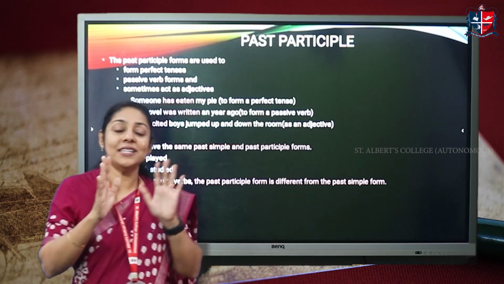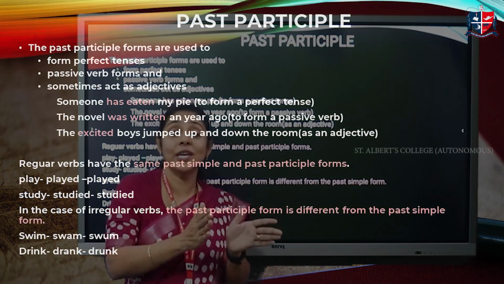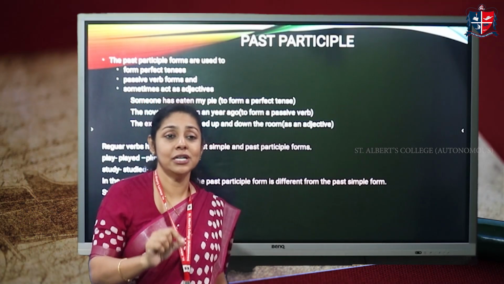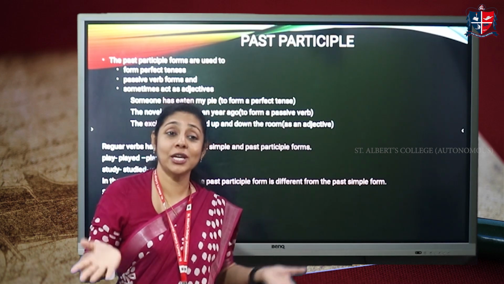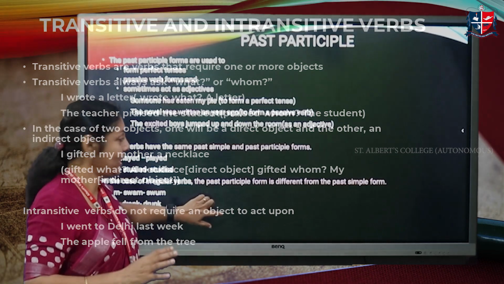The way you can distinguish regular verbs from irregular verbs is just looking at the past form. Regular verbs take ed to form their past forms and also their participle forms, whereas irregular verbs take a different form altogether for the past tense and also for the participle form, right?